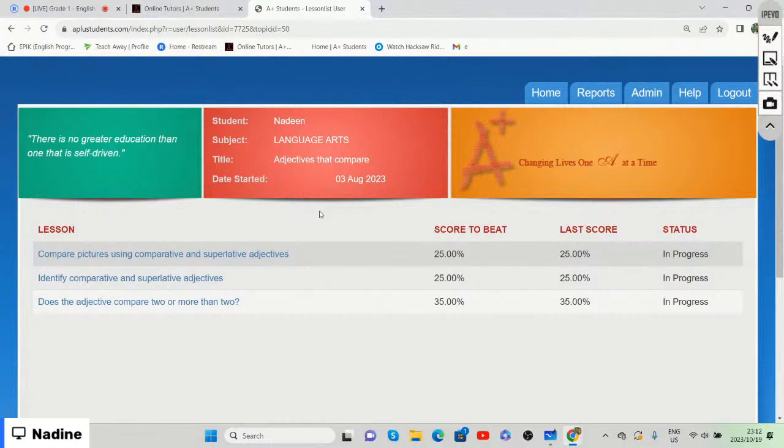So an adjective describes people, places, animals, or things. Or more like it tells us more about people, places, animals, or things.